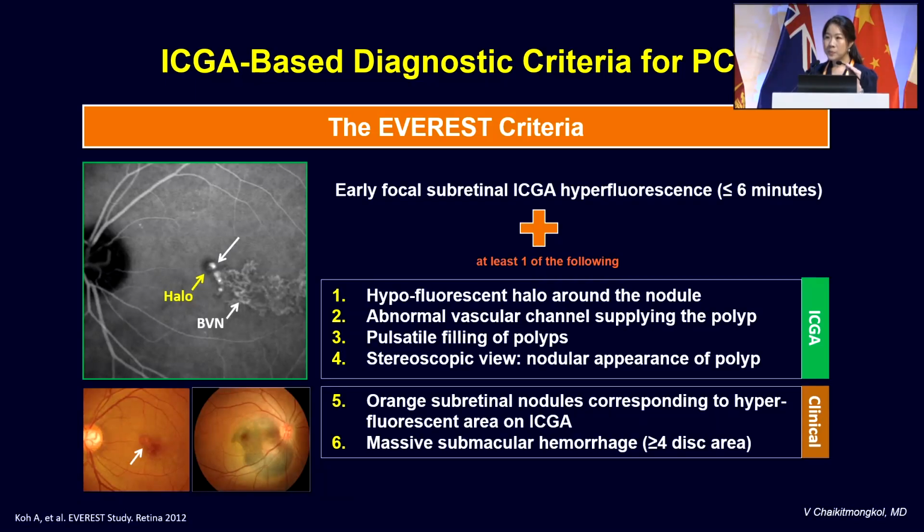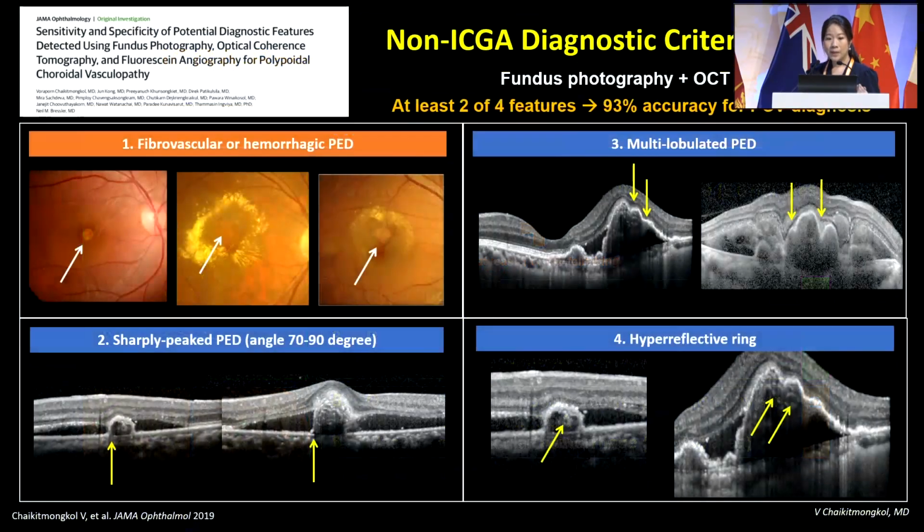To diagnose PCV, as Professor Sadda mentioned earlier, ICGA remains the gold standard. And we have the standardized criteria, the EVEREST criteria, to guide us how to do the diagnosis. But if ICGA is not available in your clinic, now we have several non-ICGA diagnostic criteria to identify PCV with relatively high accuracy.